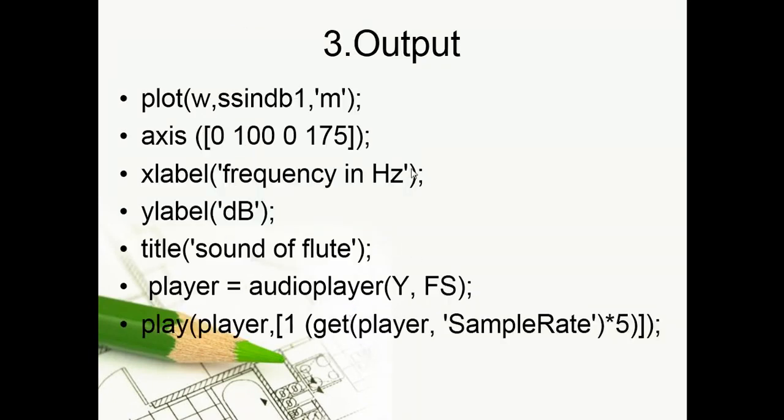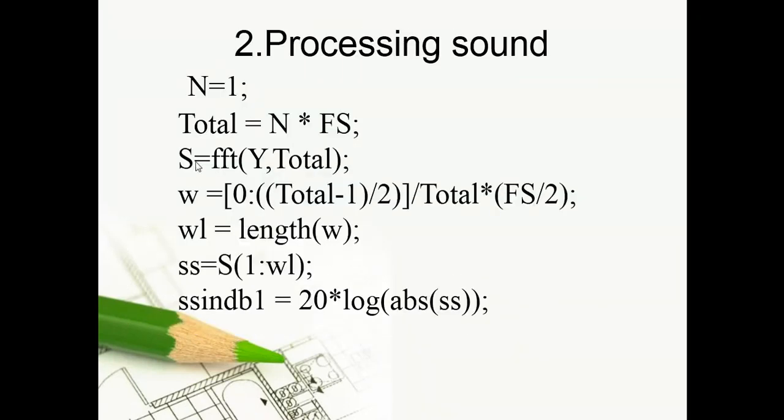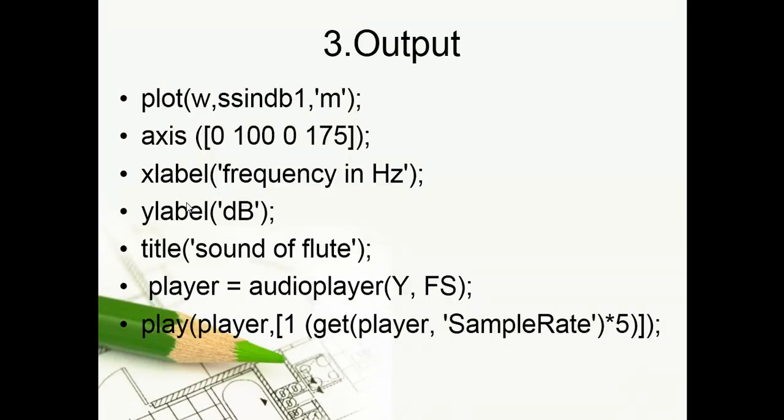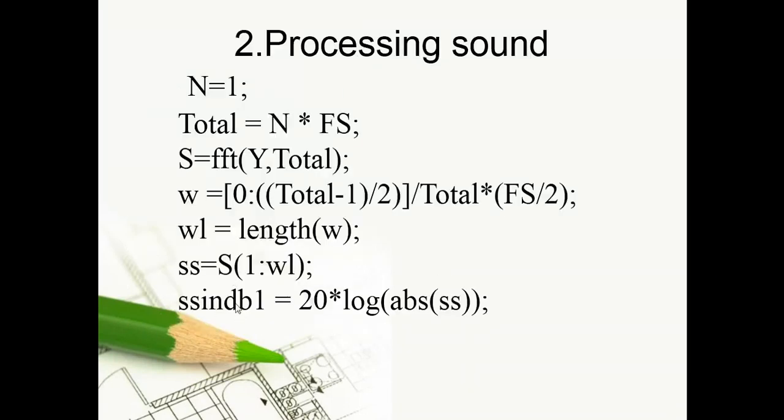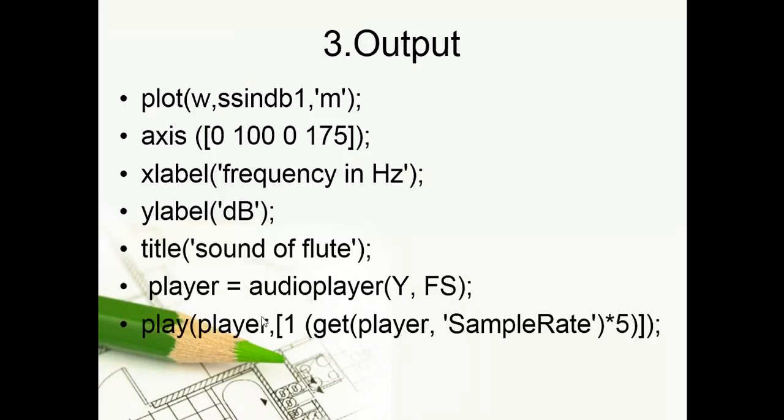This is the third step, the output, that is we are plotting the frequency versus decibel noise. So we plot W versus SS in decibel 1. This is the function SS in decibel 1 noise with plot.